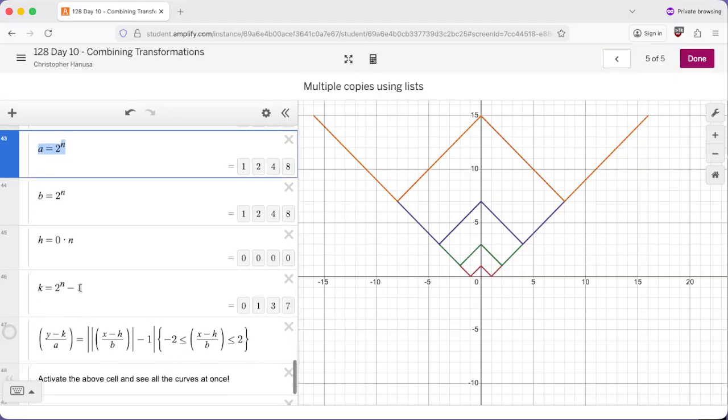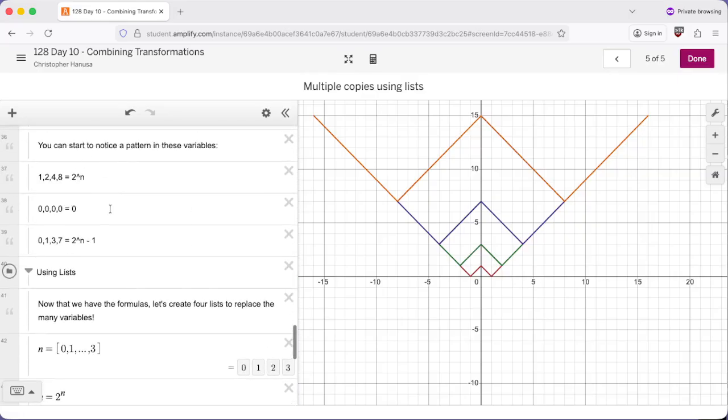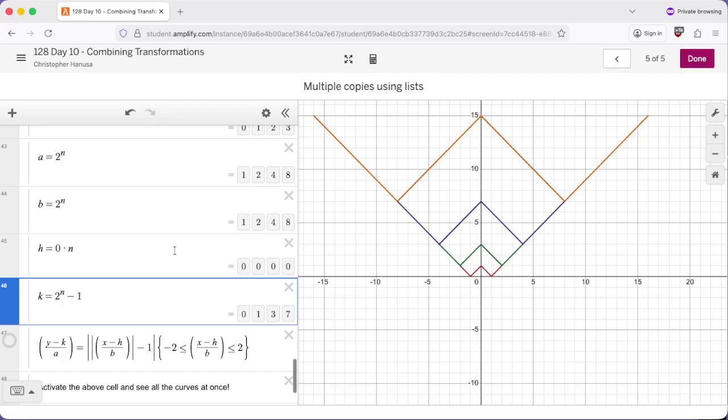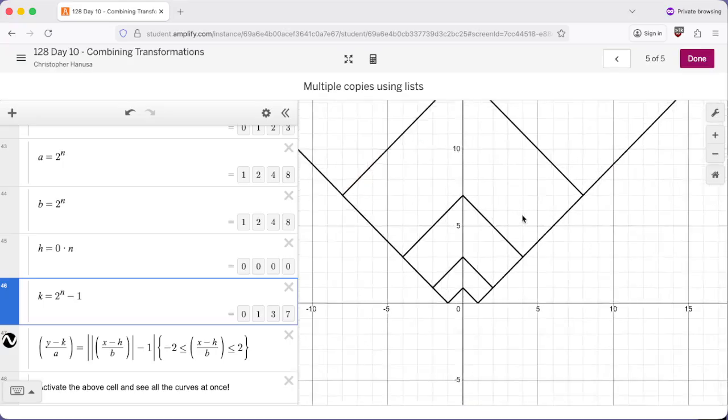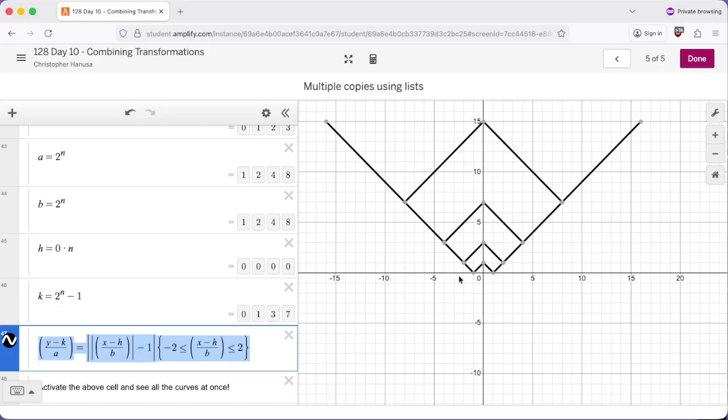And K is what happens if you take A minus 1, or B minus 1, so 2 to the n minus 1. So you can see these numbers here match with what our list said for A, B, H, and K. So let's activate this. And we can see now that this is making every single one of those colorful curves that we had above.